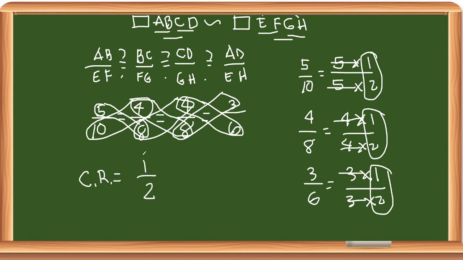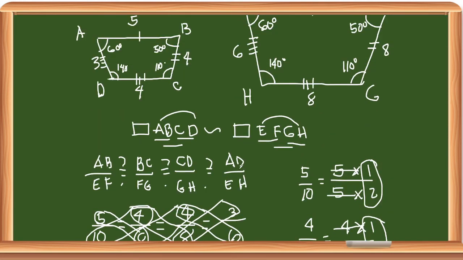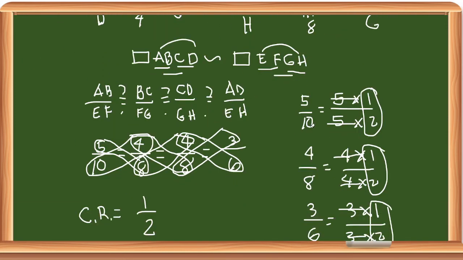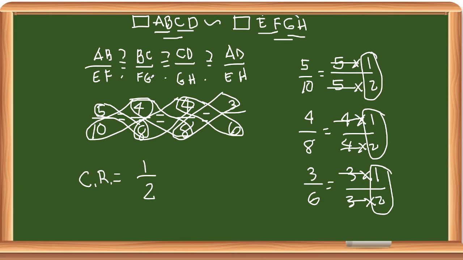Okay? So, how do we use this? For example, if you were given these two quadrilaterals that are similar. And then there is one missing part. For example, this one is missing part, EF. Where is EF? EF is here. You don't know what EF is.